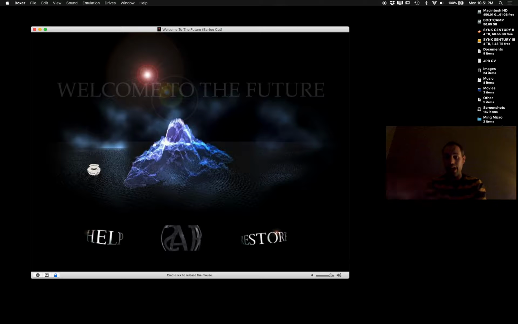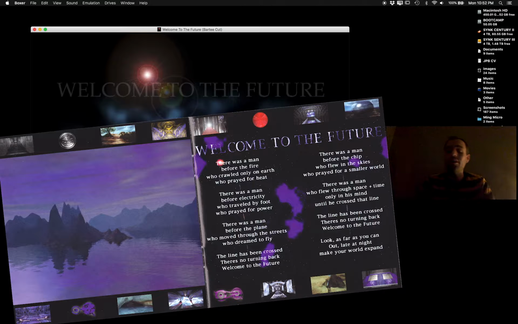And we're looking at a symbol of the self here, right at the beginning, this strange holographic mountain that bridges something gaseous to something liquid, the above to the below, and then welcome to the future.